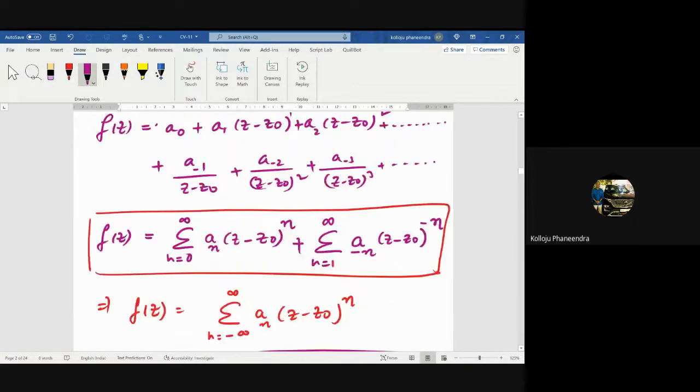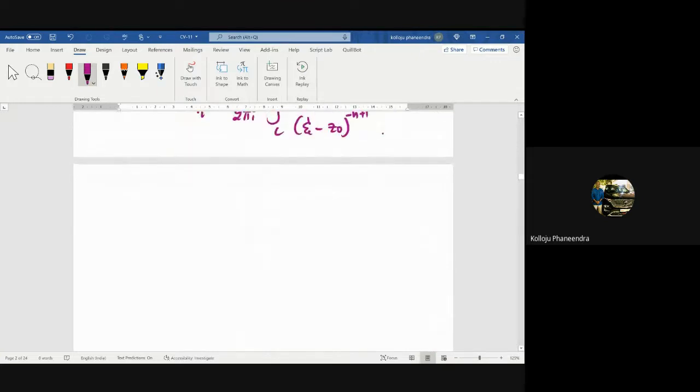Let me explain once again what the conditions in Laurent series are. This is z naught. And this is one circle with small radius r, and another circle with capital R radius.